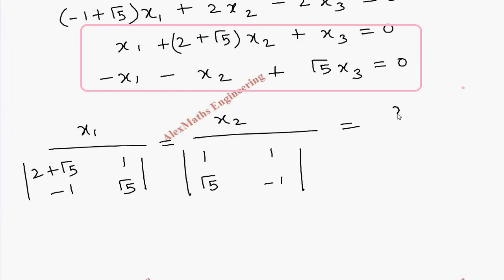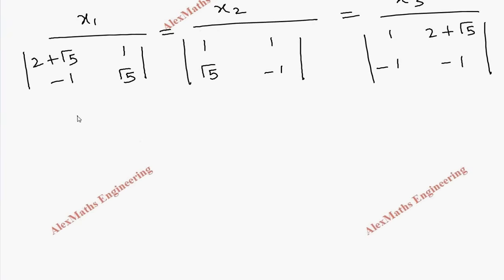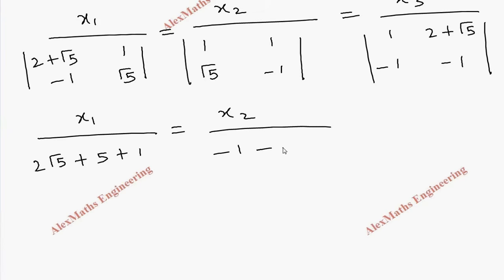Then x3, we have to take the coefficient of x1 and x2. Now we have to evaluate this determinant. The first part is x1 by 2 root 5 plus 5 plus 1. Then the second part is x2 by minus 1 minus root 5, and the third part is x3 by minus 1 plus 2 plus root 5.